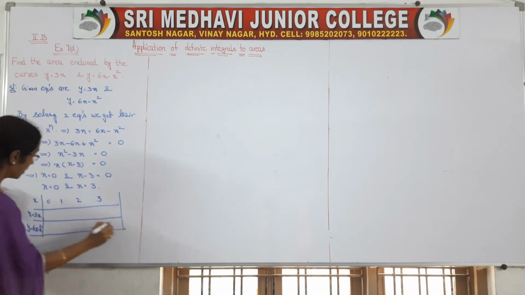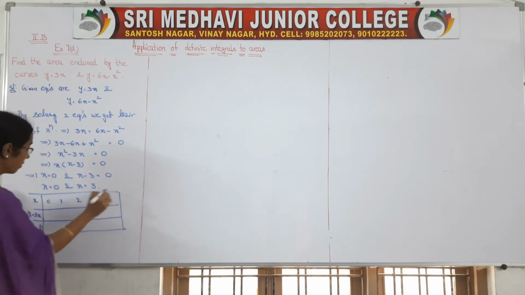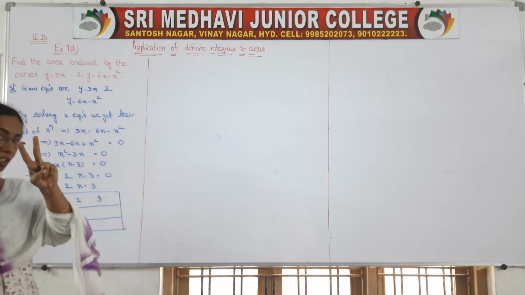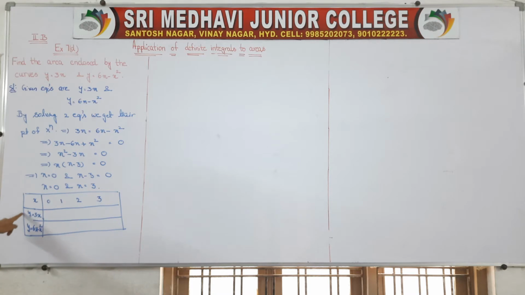Okay, so this is the table now. In previous problems we got only one curve, right? So x values and curve, but here we got two curves, so we have to take two equations in the table.